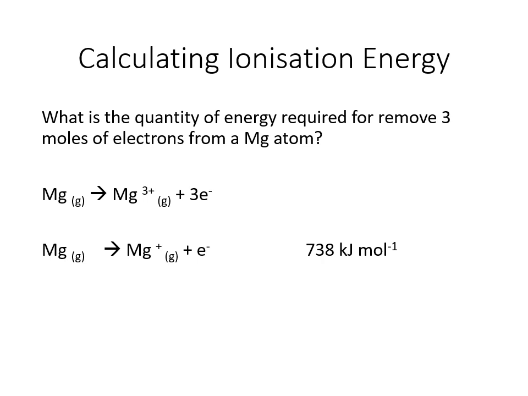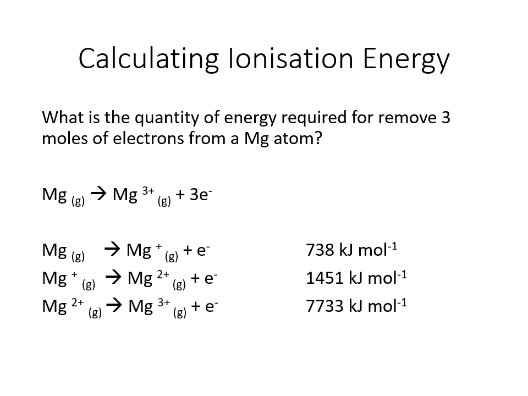We then take that Mg+ ion and we remove a second mole of electrons to form Mg2+. And then we remove a third mole of electrons from the Mg2+ ion to form the Mg3+ ion. The total amount of energy required to do this is simply the sum of those 3 ionization energies.